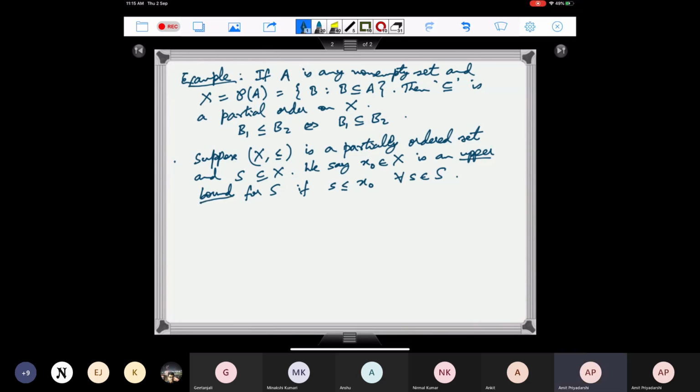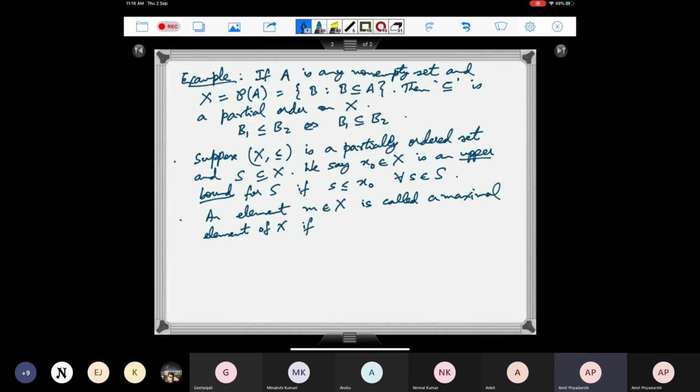And we can also define maximal element. An element M belonging to X is called a maximal element if there is no element which is bigger than this.